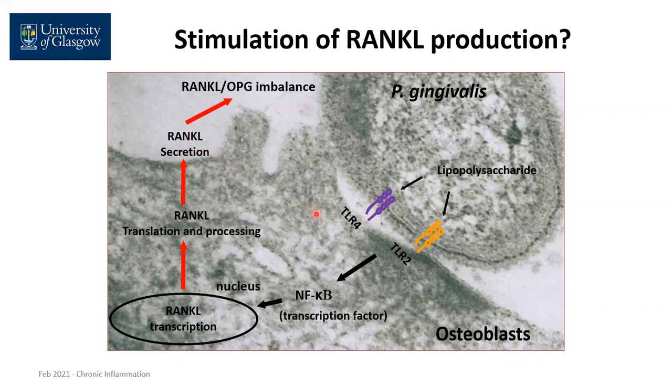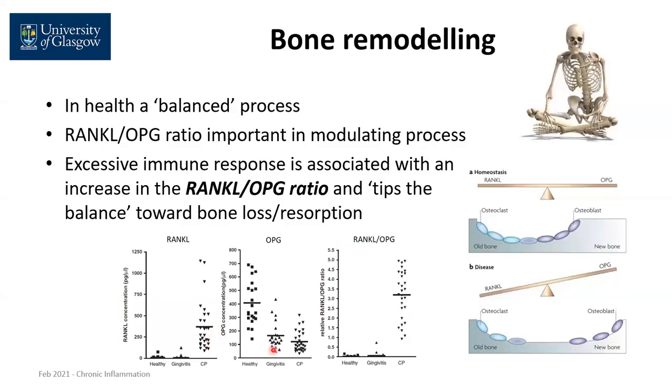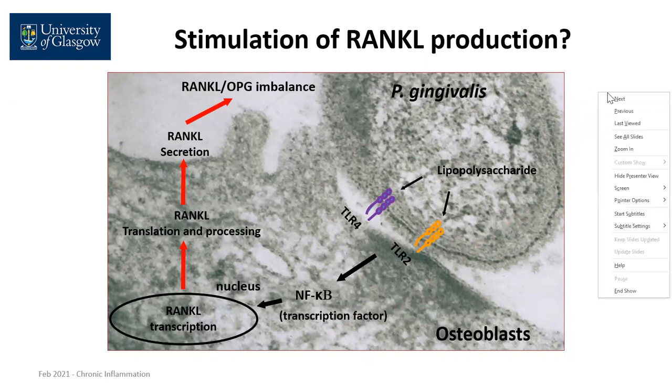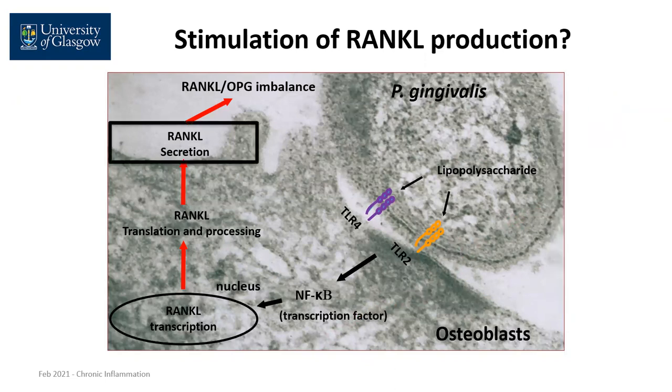Excessive amounts of RANKL being produced will basically imbalance the ratio between RANKL and OPG in a very similar manner to as I've shown here. You're getting more RANKL being produced in chronic periodontitis, and that is in part due to the way that P. gingivalis can modulate this process. And that's just something to be aware of here.